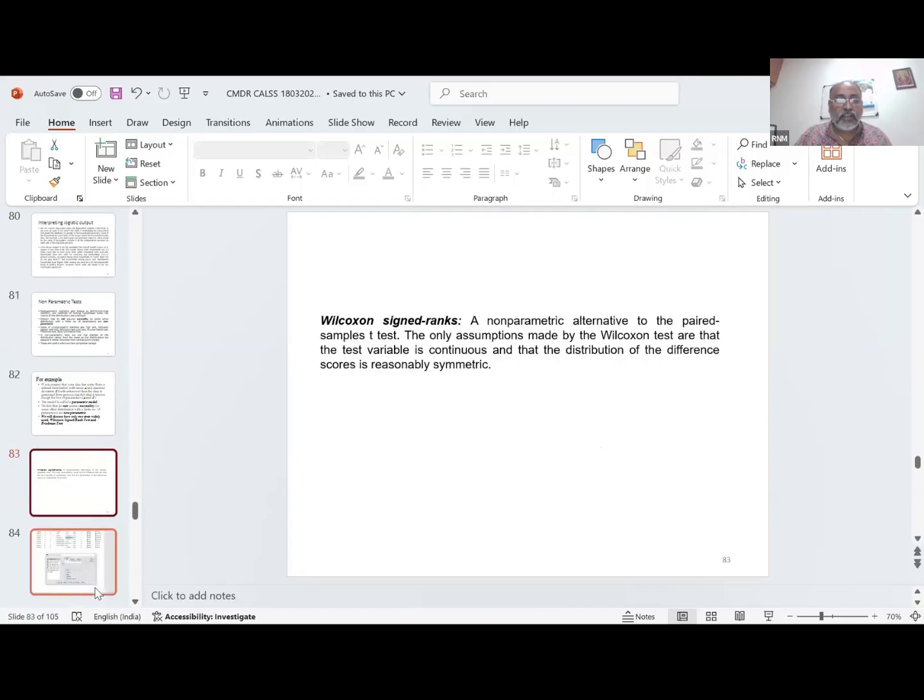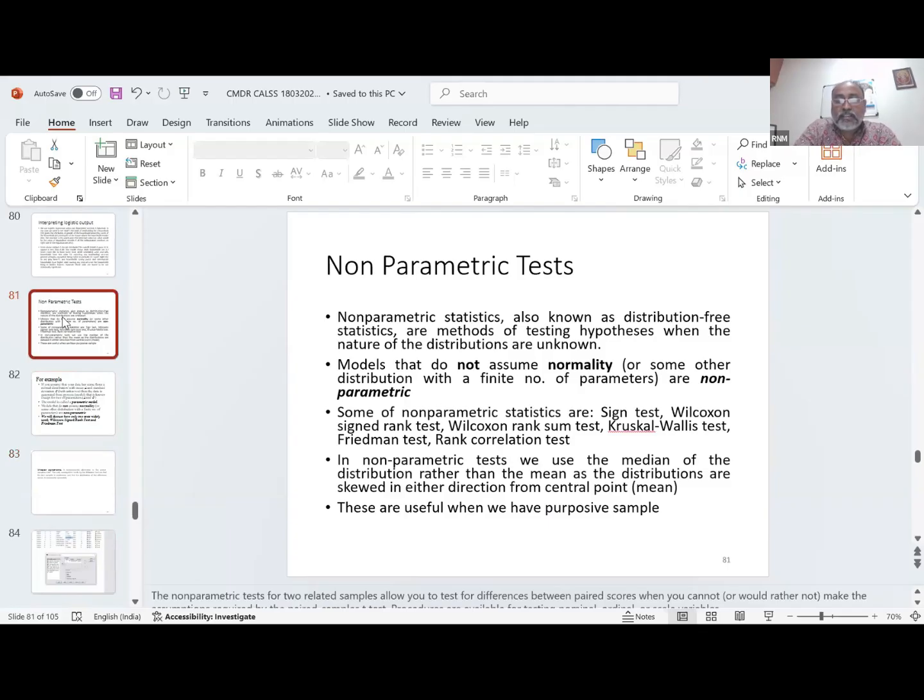So now we'll start with the non-parametric tests. As I have already told you, non-parametric statistics are distribution-free statistics. That means the underlying distribution of the variables does not affect the interpretation of the statistics you derive from the exercise.